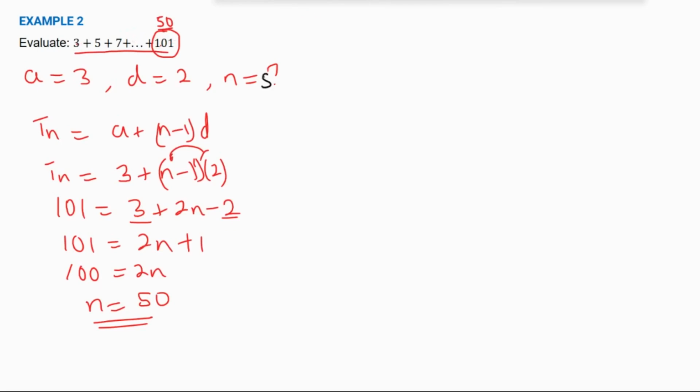So this is 50 here, right? So adding term 1 to term number 50. So now we can use our arithmetic series formula. Sn is equal to n over 2, and then 2a plus (n minus 1)d, right? And then n is 50.